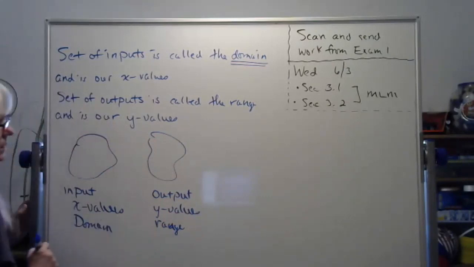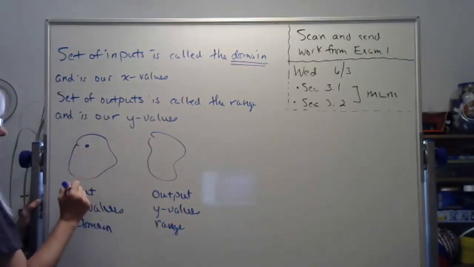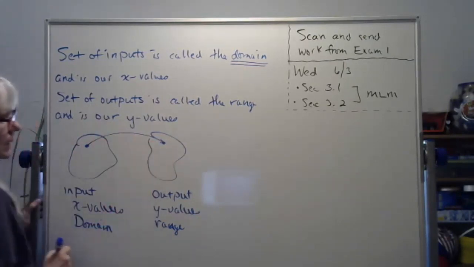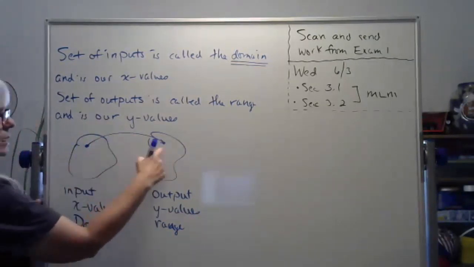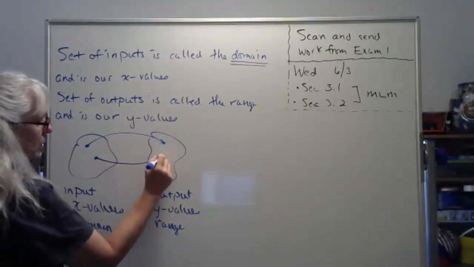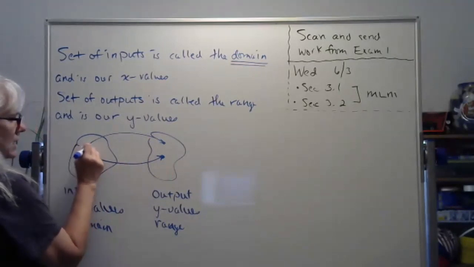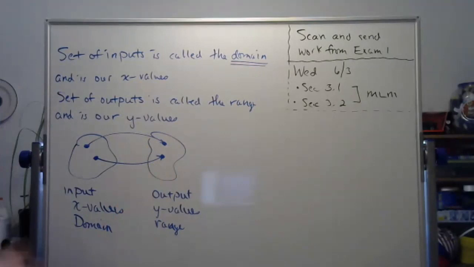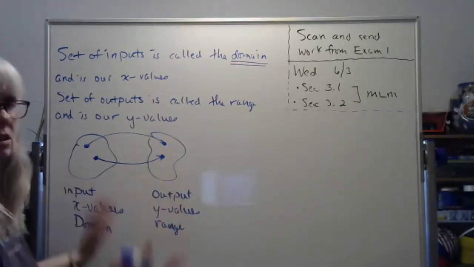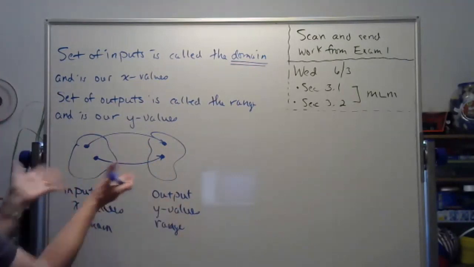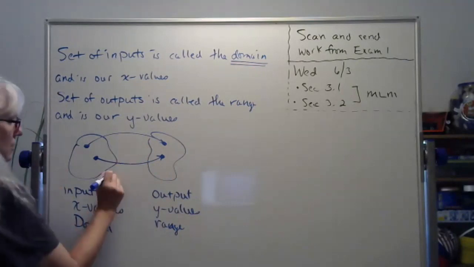And so for a function, it simply says that if you have a number in that first set, it's going to correspond to one number in the second set. So one input gives me one output. Each input gives a single output. And so you'll see these pictures in the text. If you go looking in the text, you'll see them. So that relationship is specifically defined as a function. So again, we're taking all the equations that you deal with in mathematics and we're defining them as either a function or not a function. This one's a function. So this represents a function.